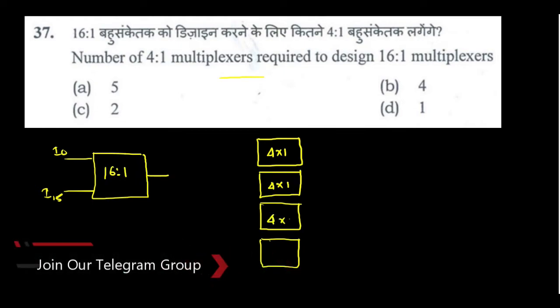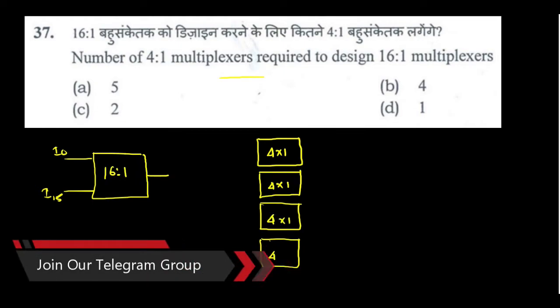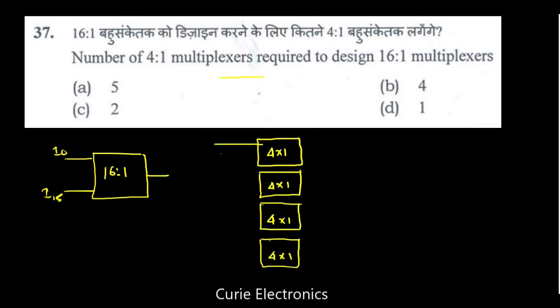These all are 4x1 multiplexers. So each will take 4 input lines. So we will connect all the 16 input lines to these 4 multiplexers. Right? I hope you are understanding.